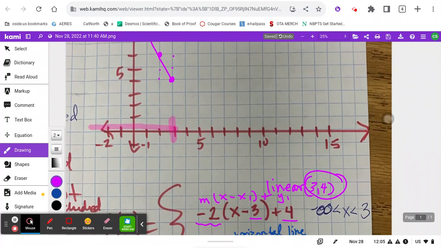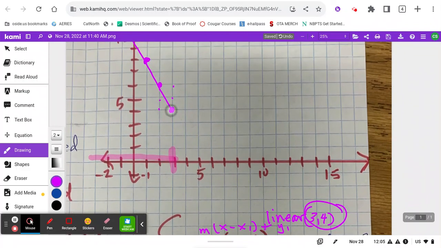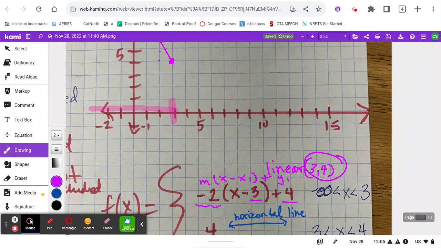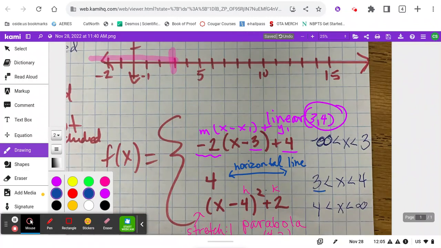There's my linear function going through the point (3, 4), and with a down 2 over 1 slope. Next is my little horizontal piece that goes through 4 from 3 to 4. That's it. That's my little horizontal piece from 3 to 4.